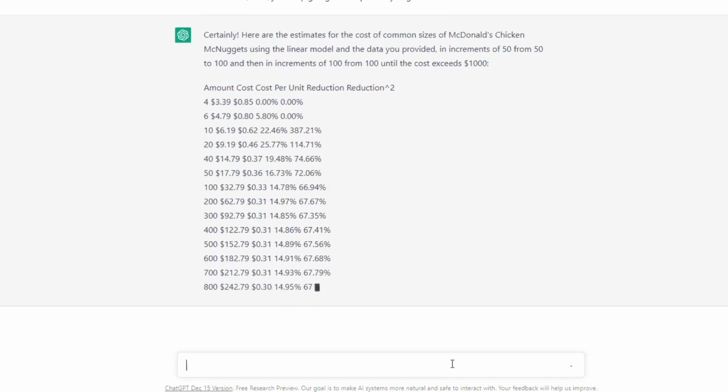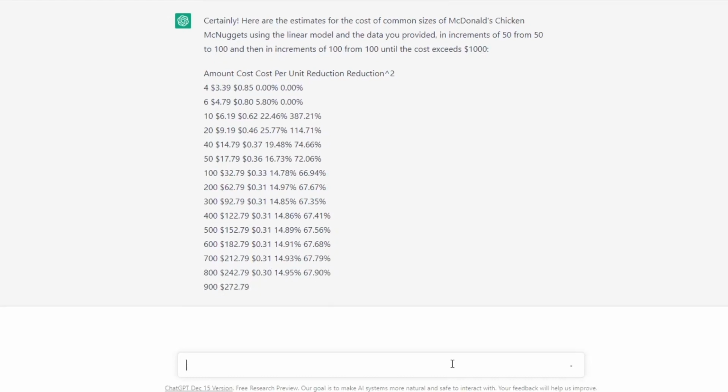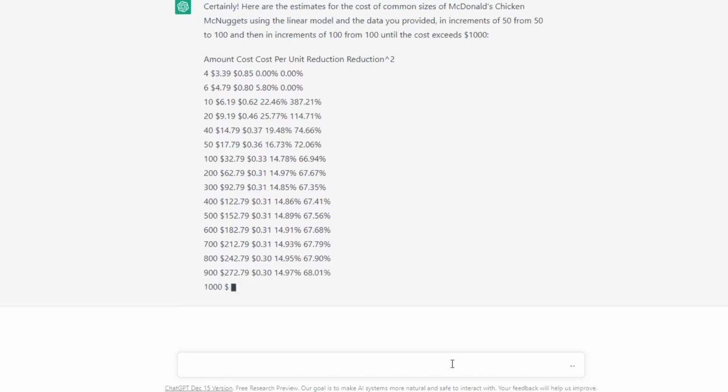Now it is definitely pulling the numbers of the percentages just out of its butt, because there's no way there's a 14% reduction between 30 cents and 30 cents. That's just wrong.